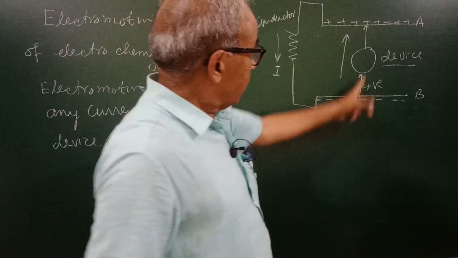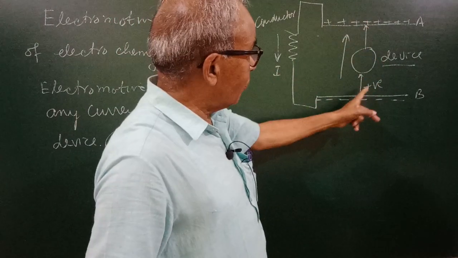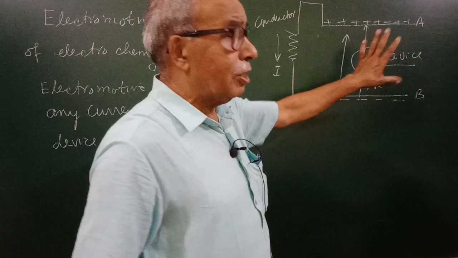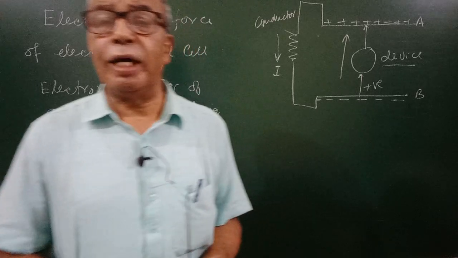So the work done in sending unit charge from B to A is called electromotive force, and these devices are, as I told you, a cell or a generator.